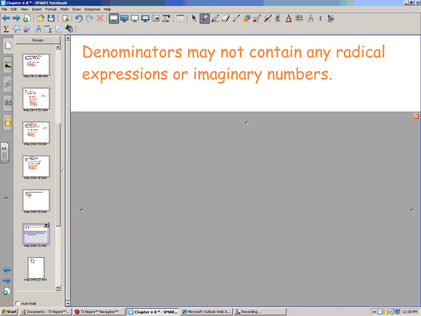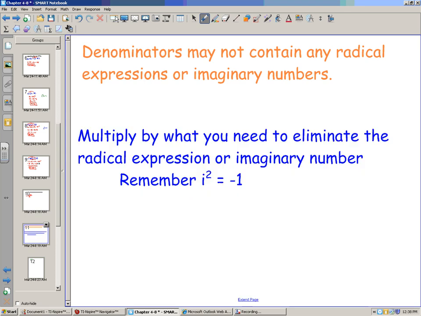Which means, how do I get rid of them? You multiply by what you need to eliminate the radical expression or imaginary number. You need to remember that i squared is equal to -1. Whenever I say you need to multiply by what you need, you can only multiply by 1.